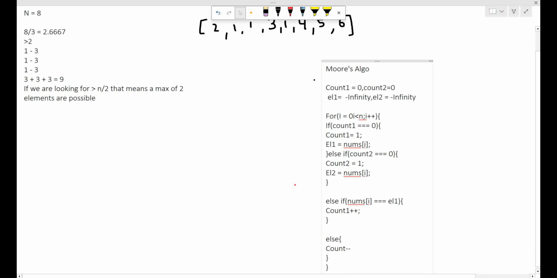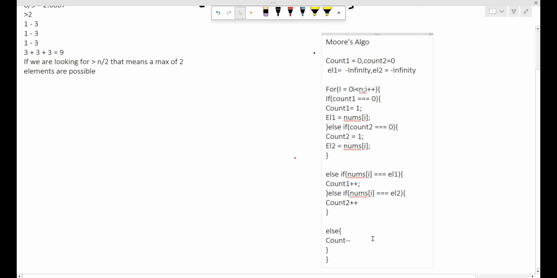And if this nums of I is equal to element 2, we will increase our count 2, right? And in all the other cases, that means if count is more than 0 and the element is equal to none of the two, we will decrease both our counts.